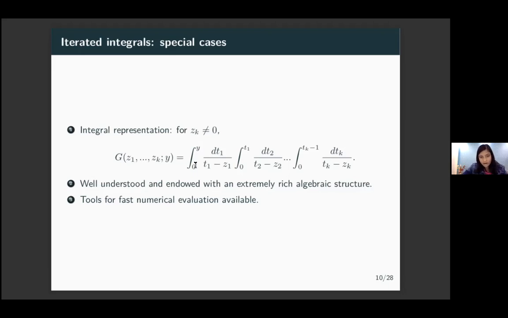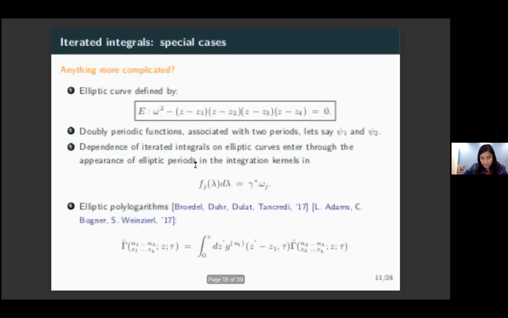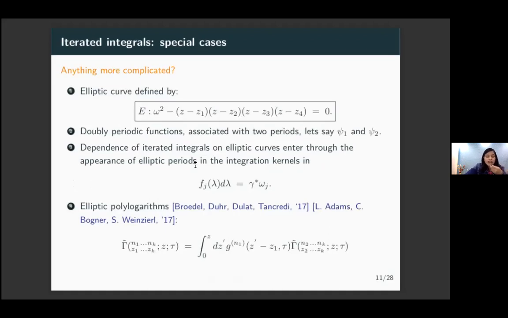Now, if this is simpler, what other things can appear there? Actually, there can be even more complicated objects than these, which I'm going to talk about now. When we study the class of functions in our system, we try to see some algebraic structure therein.